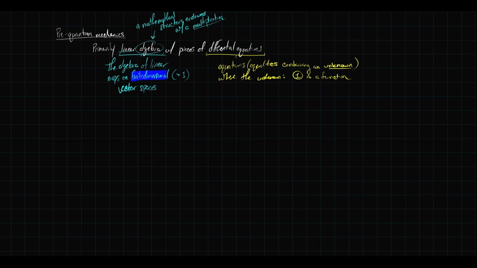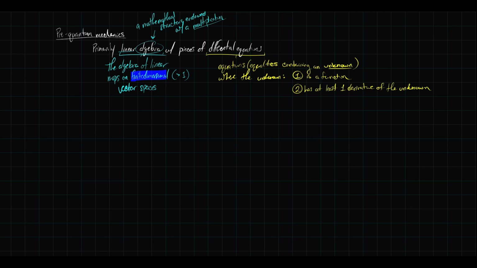So that is to say that these are functional equations. And secondarily, it has at least one derivative of the unknown. It could have much more than one derivative, but you have to contain at least one, and then you're a differential equation. And really the way you would solve a differential equation is the same way you solve any other equation: you're searching for the unknown.